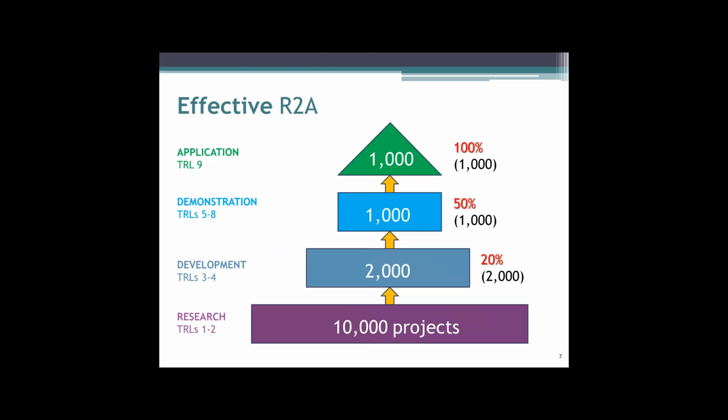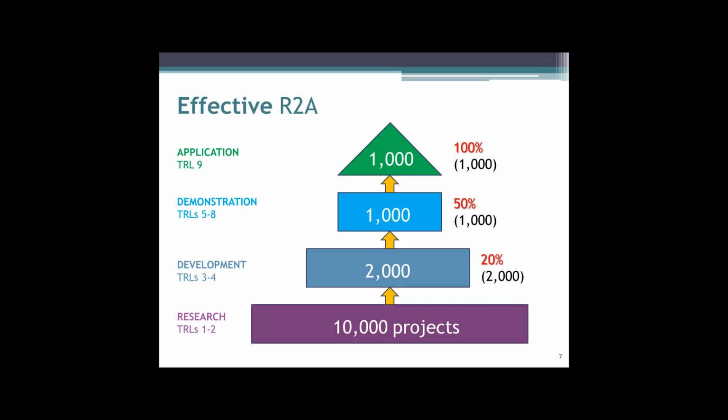So, next slide. There are two ways to consider this, two extremes of a spectrum. One is something like this, where an effective R2A within NOAA would have lots of projects at a researchy level, lots of creativity taking place down there because it doesn't cost a lot, but then only a relatively small percentage of those move into development, and those that are developed then move into some demonstration mode.